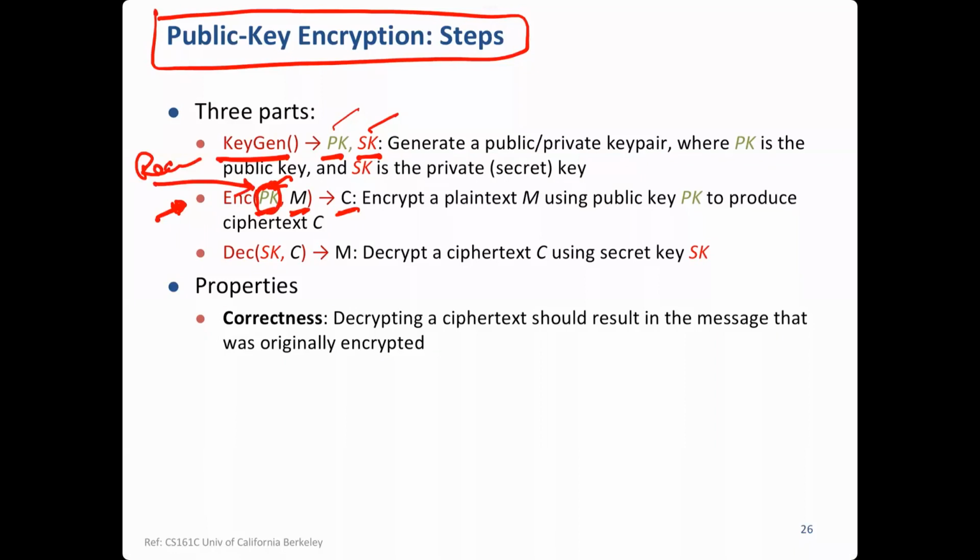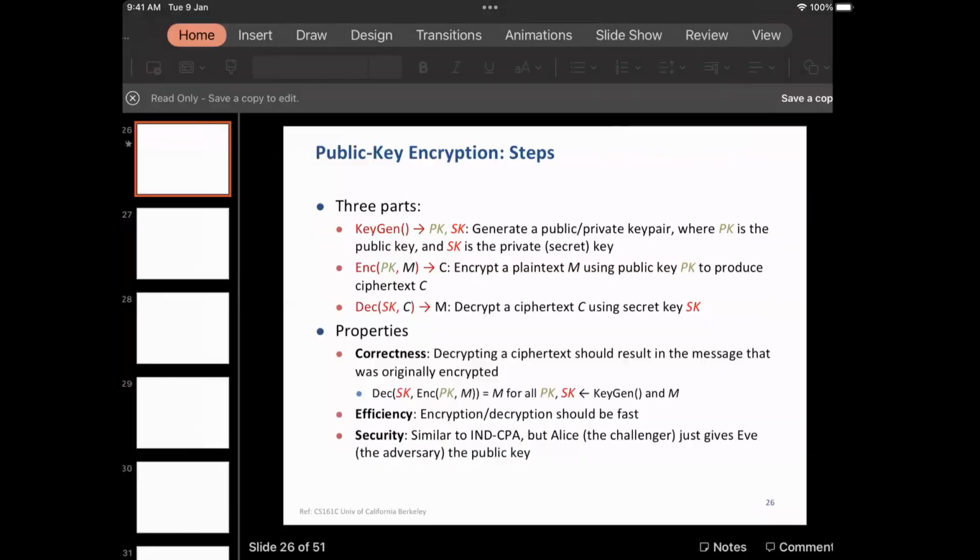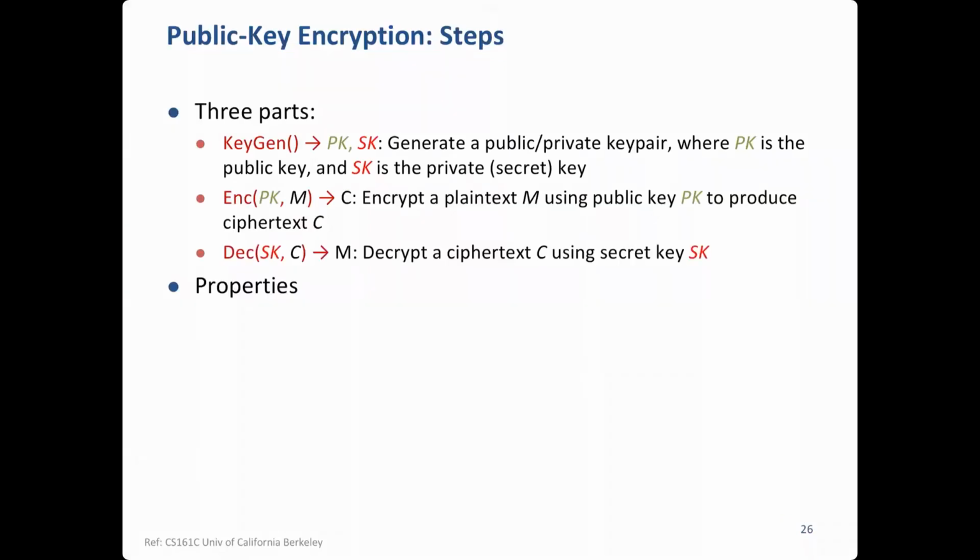Okay, and when the recipient receives a message C, he or she can use the secret key, or his own private key, to decrypt it. Now, if you just read it from the text, it may be a little confusing, because here the PK does not belong to Alice, but when Alice is encrypting a message, she has to use the public key of Bob.